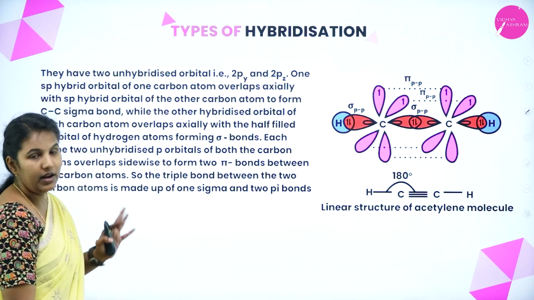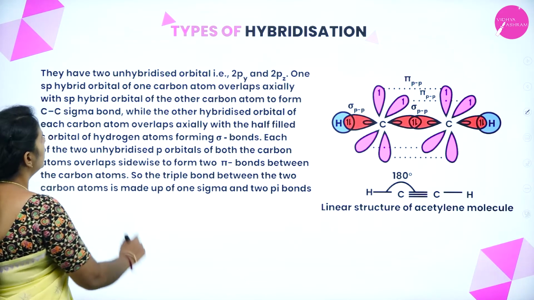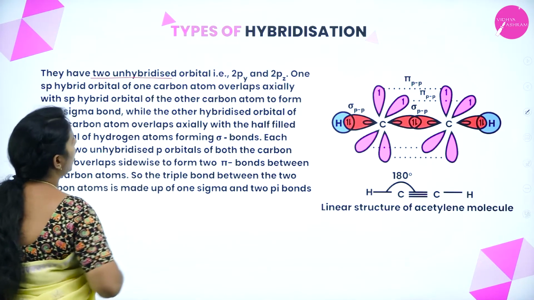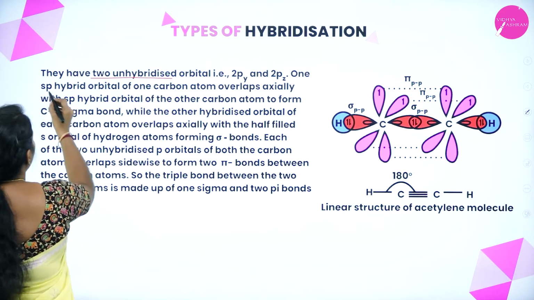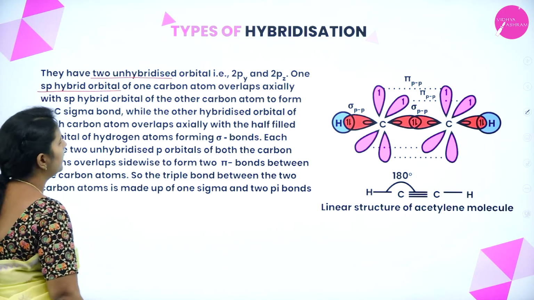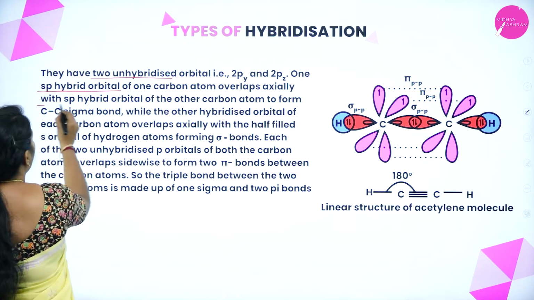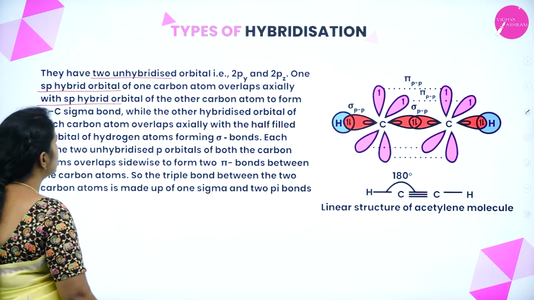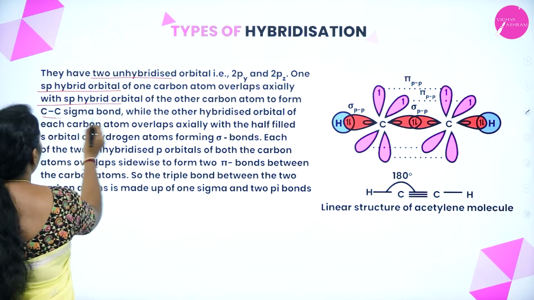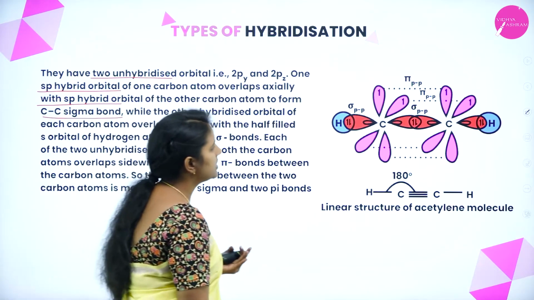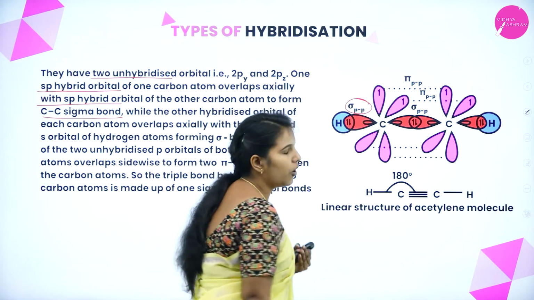So we'll understand how many pi bonds and sigma bonds will be formed now. Of the two unhybridized orbitals, 2py and 2pz, one sp hybrid orbital of one carbon atom overlaps axially with another sp hybrid orbital of the other carbon atom, forming a carbon-carbon sigma bond. Here you can see that it forms a sigma bond between the two carbon atoms. The other sp hybrid orbital of each carbon atom overlaps axially with the half-filled s orbital of hydrogen, forming a sigma bond.